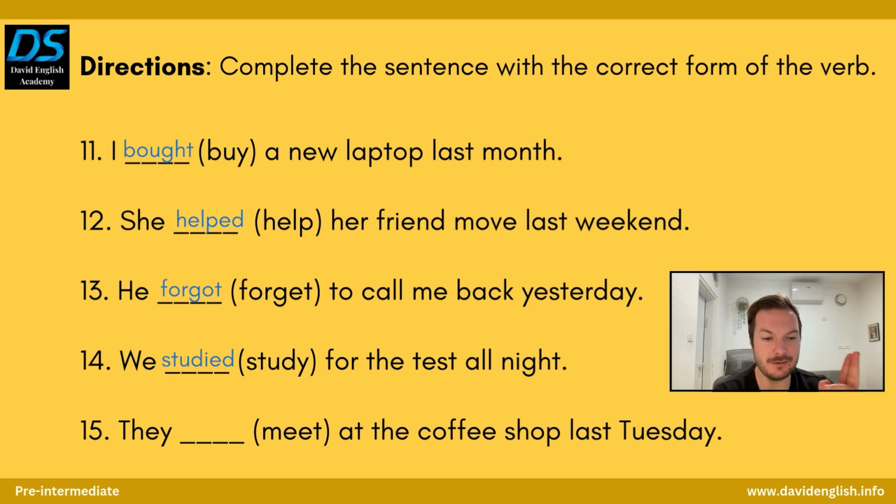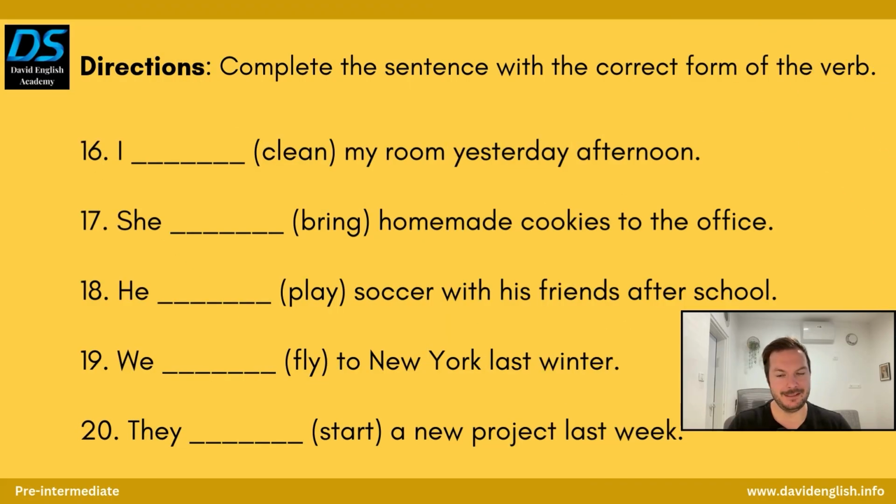Meet is an irregular verb. We want to say they met at the coffee shop last Tuesday. Number 16, let's do it. I cleaned my room yesterday afternoon. You want to say, I cleaned my room yesterday afternoon.